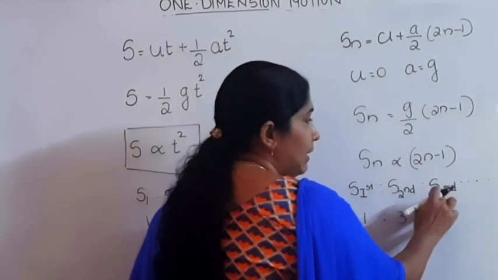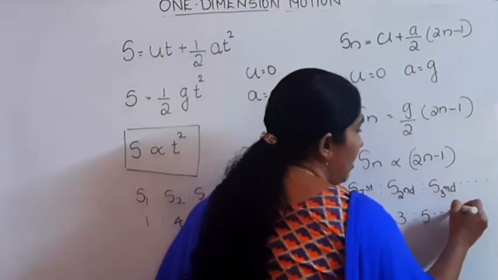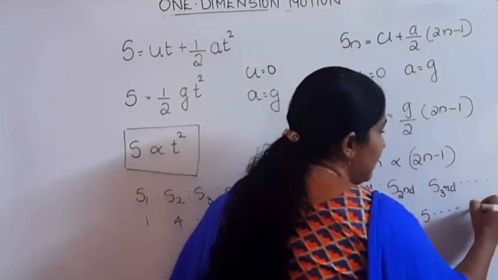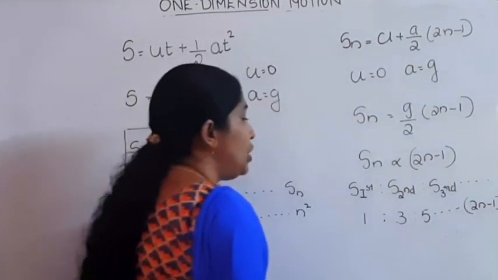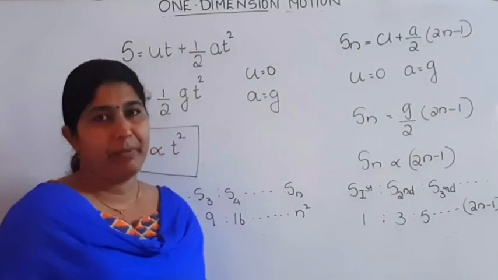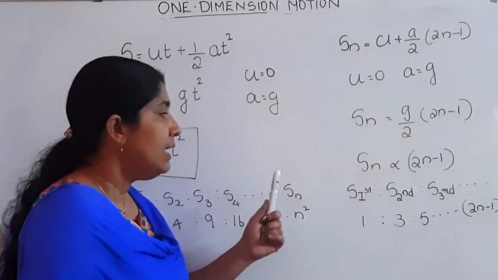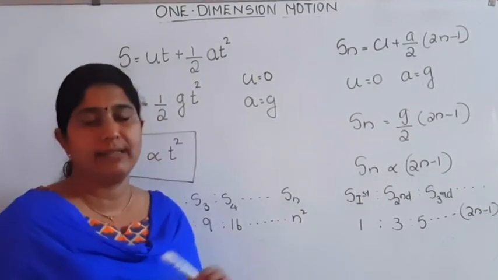In the third second, 2 into 3 minus 1 is equal to 5, etc. And in the nth second, we can write 2n minus 1. Therefore, the ratio is 1 is to 3 is to 5 is to etc. to 2n minus 1. These are the displacements in the first second, second second, third second, etc.